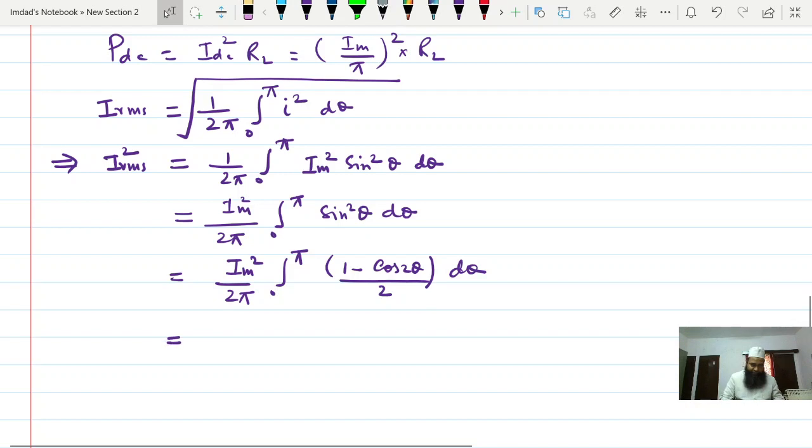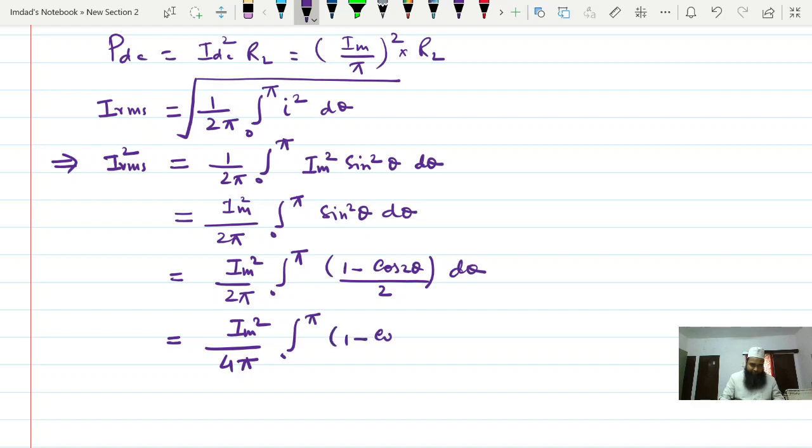We can write Im square upon 2 can be taken out, 4 pi, integral 0 to pi, 1 minus cos 2 theta d theta.